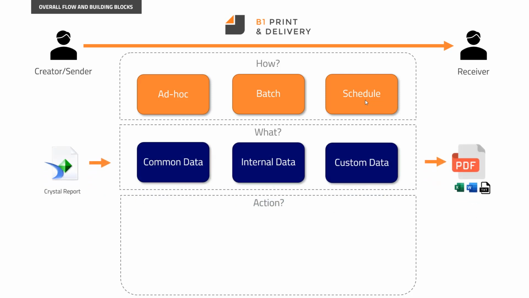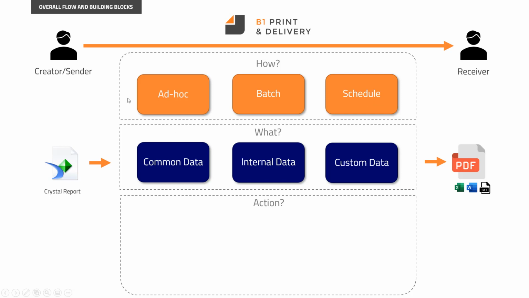When it comes to data, we have 42 common data scenarios out of the box, like invoices, orders, goods received, PO, and so on. And if none of these fits, either because it's some kind of internal data where the receiver is an internal person, or if it's custom data from another add-on, your own data, that can also be set up if the 42 common scenarios don't fit you.